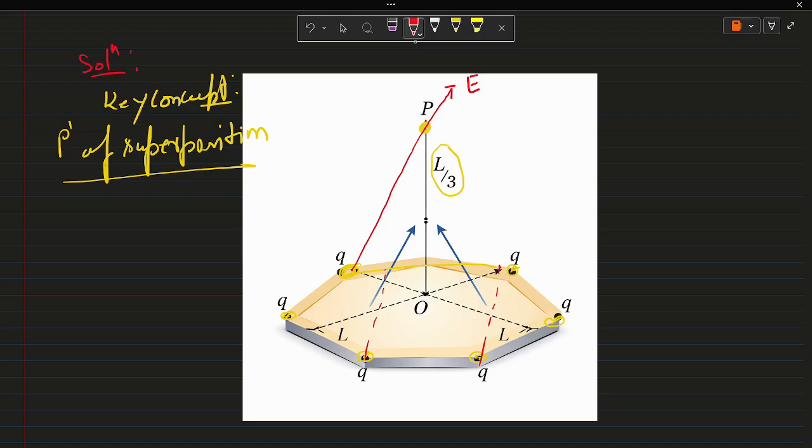these lines will divide the hexagon into six equilateral triangles, right?